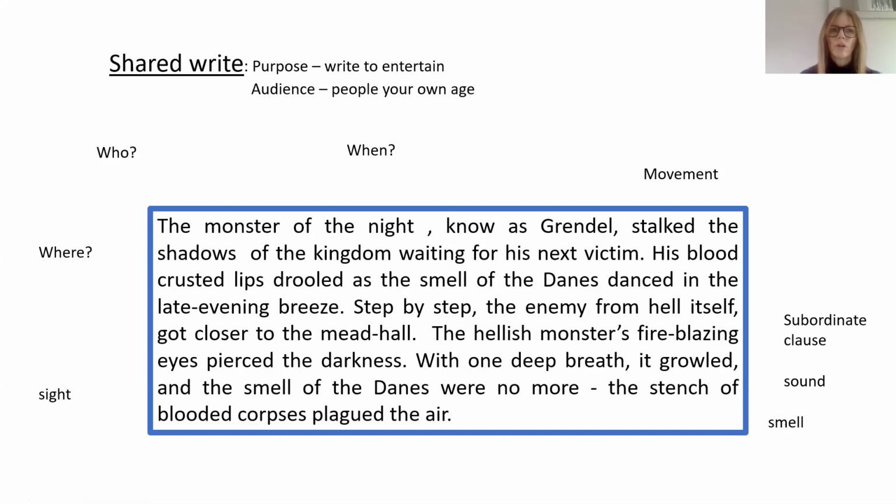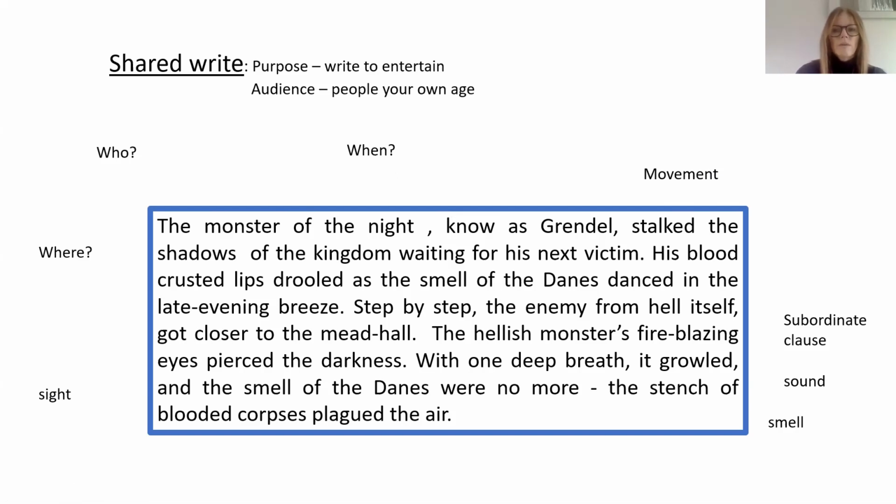Who are we talking about? Who is this? Who are you writing about in your paragraph? When did it happen? So when is this actually happening? Is it in the daytime? Is it at nighttime? The movement, see if you can describe the movement of Grendel. That's something that's really important. Subordinate clause. So please try and use some of those subordinate clauses in your writing. Sound, again, what could Grendel hear?